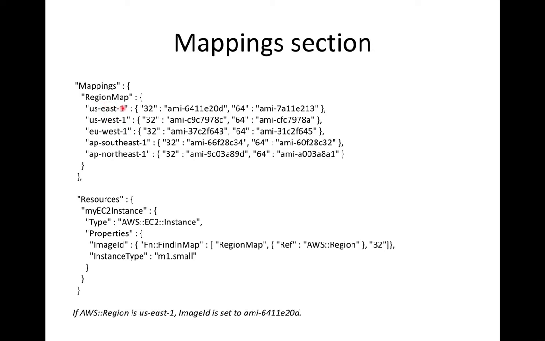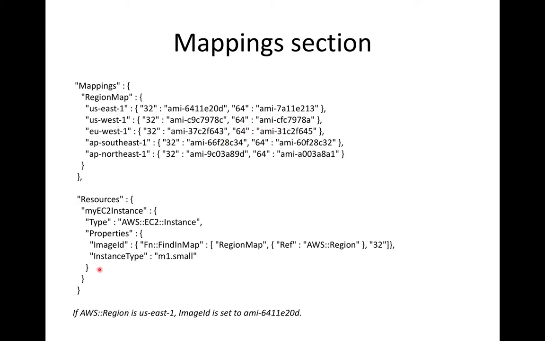You see these are different AWS regions like us-east-1, us-west-1, eu-west-1, ap-southeast-1, and ap-northeast-1. Each region has two key-value pairs. It has a key of 32 with this AMI value and a key of 64 with this AMI value. So each key in the map is associated with multiple key-value pairs.